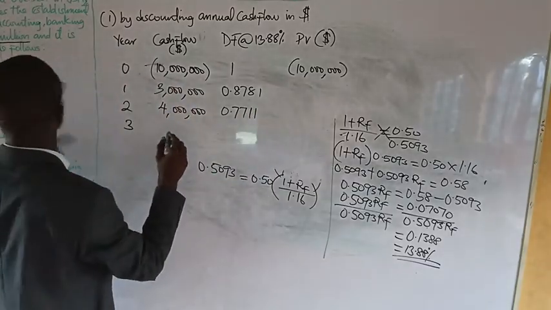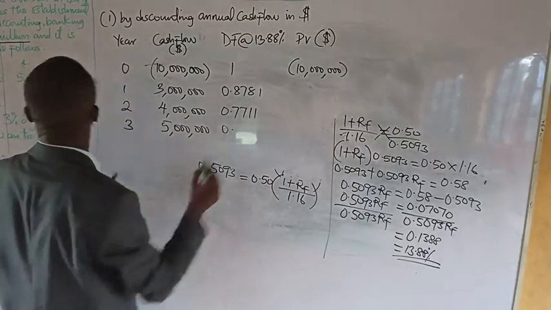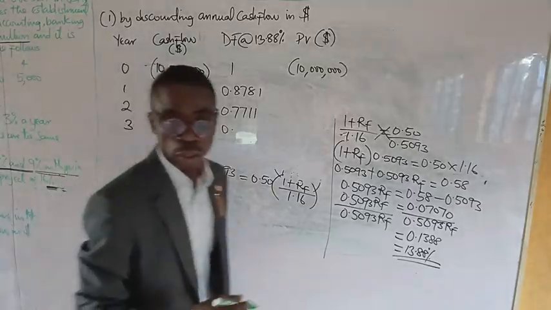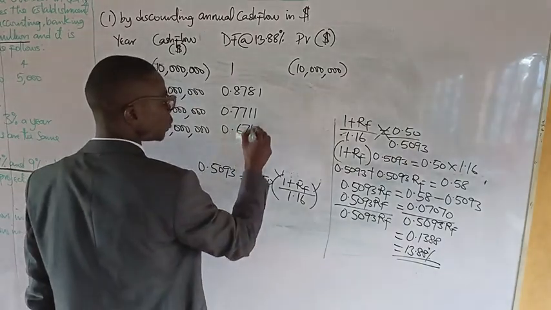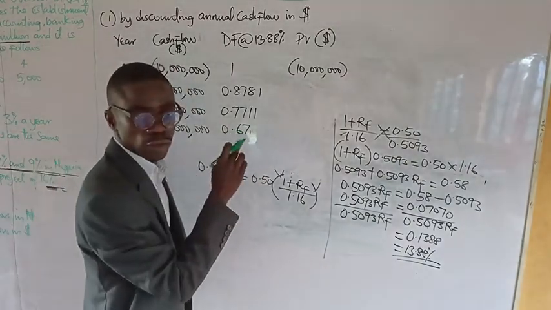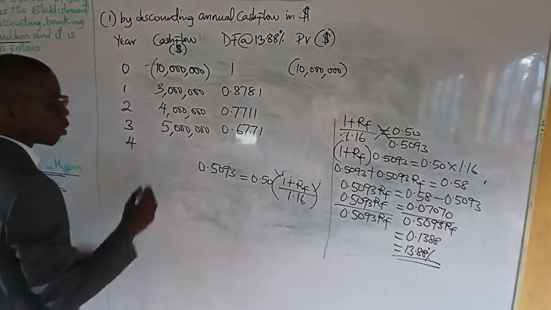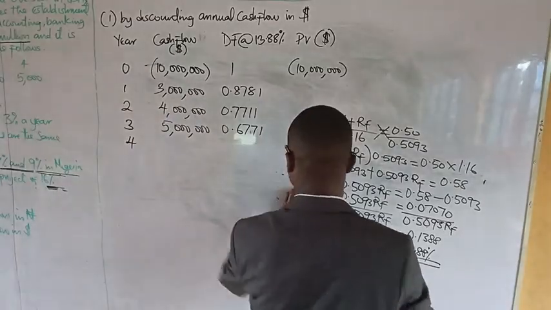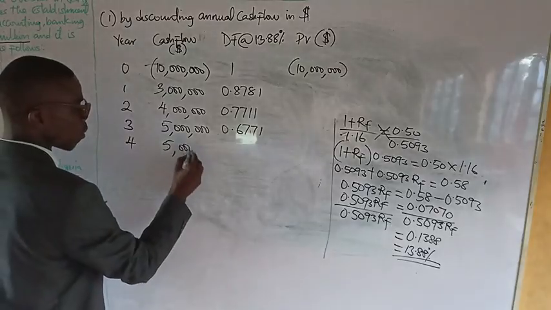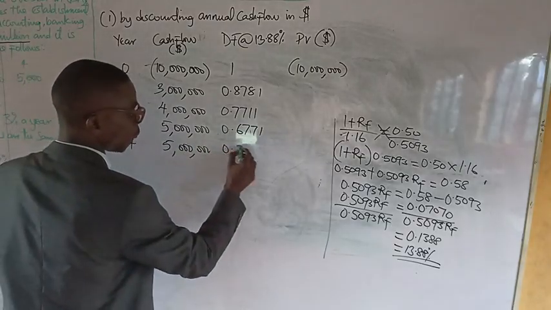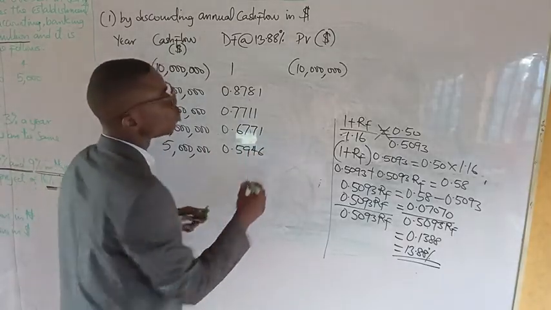Year 3 is 5 million. It will be 0. What? 0.6 what? 0.6771. So year 4 is 5 million too. 0.5946. So let's multiply.